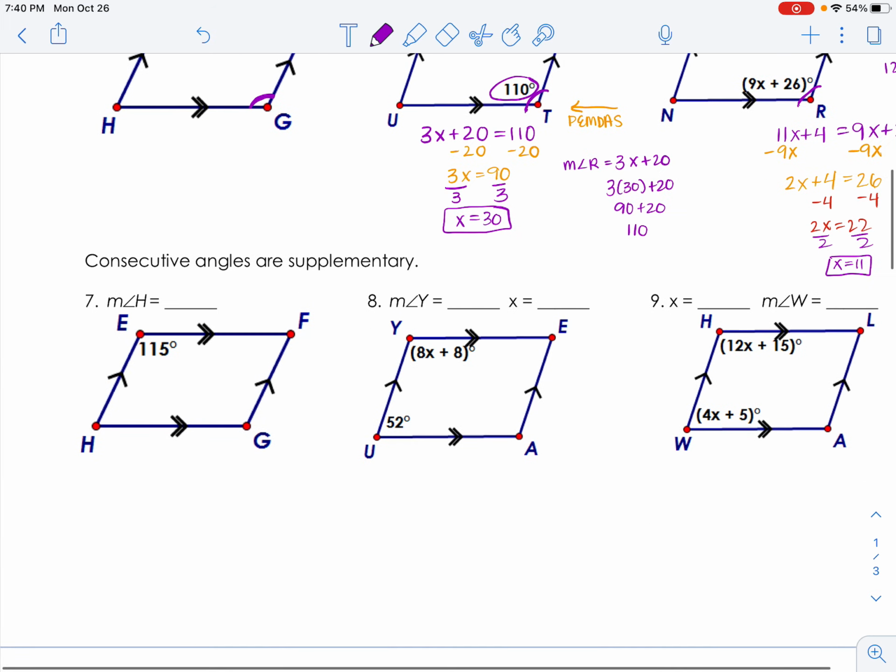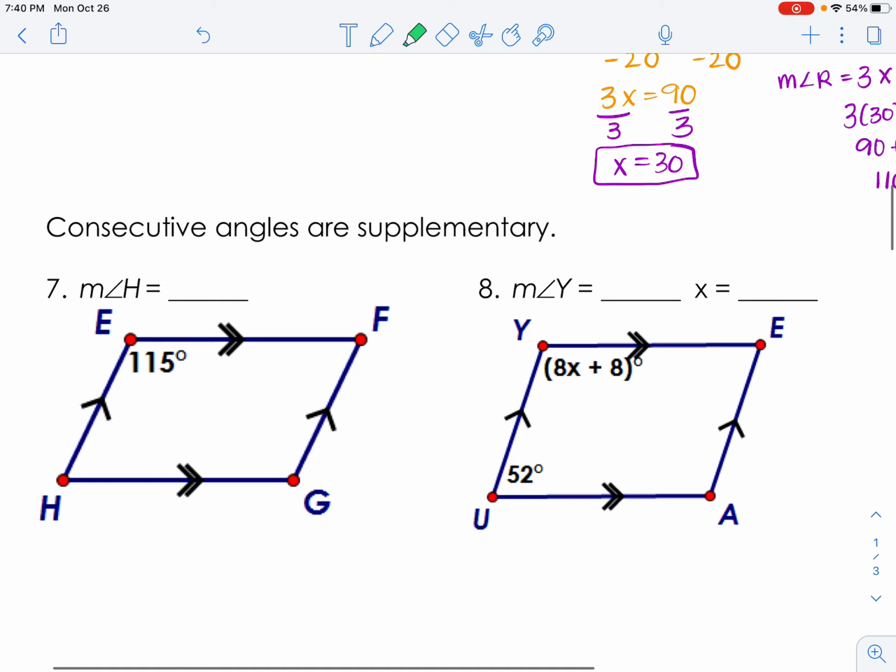All right, in this next section, we're going to use the property that consecutive angles are supplementary. Remember, supplementary means that they sum to 180 degrees.